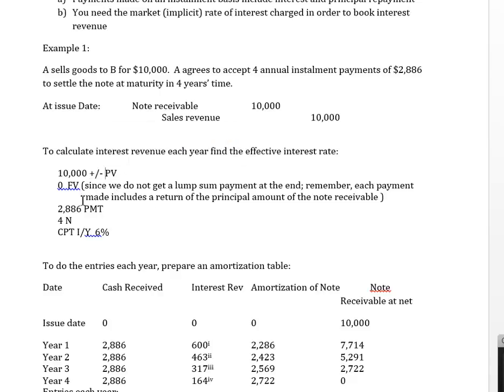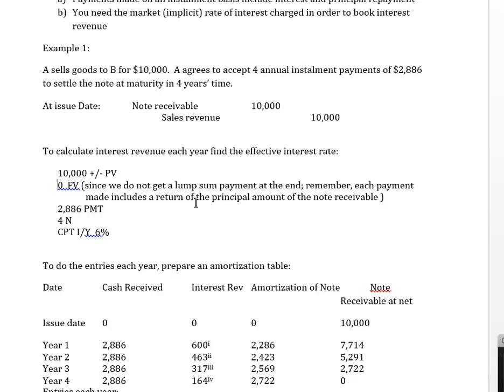That's my present value. And notice here my future value is 0. That's different than any of the other notes that we had before, because when we were dealing with discount or even premium notes, at the end of the period there would be a lump sum payment to be made back to, say in this example, company A. But now we're not going to do that, because every time a payment is made, it's not interest only, it's not principal only.